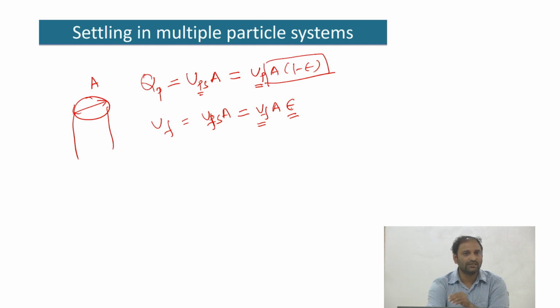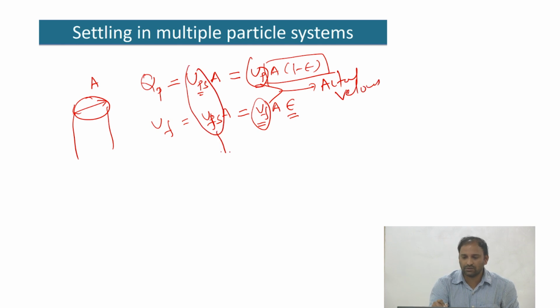But if you only consider the respective area that is available for either the particle or the fluid for getting the velocity, these are what are called actual velocities. In this case, these are the actual velocities, and these two terms are what are called superficial.